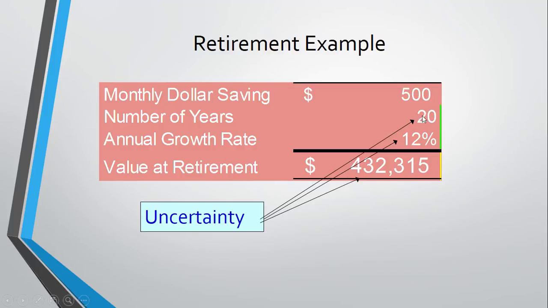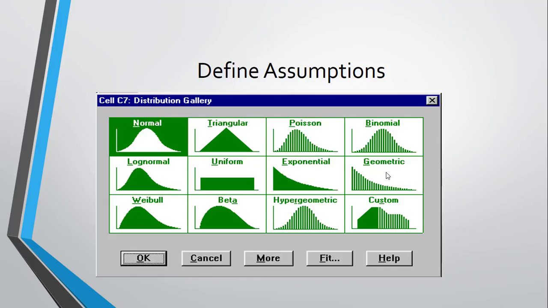But there's uncertainty there. You may have to work until 25 years or 30 years, and the growth rate could be as high as 12%, or as low as 5%, 7%. And then the value of the retirement could be different. So there are all kinds of uncertainties involved.